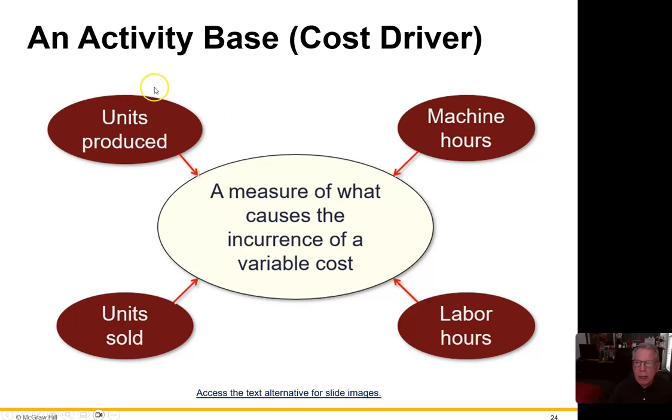So here is our units produced. It's a measure of what causes the incurrence of a variable cost. Machine hours, labor hours, units sold, units produced, those kinds of things we can say are cost drivers.